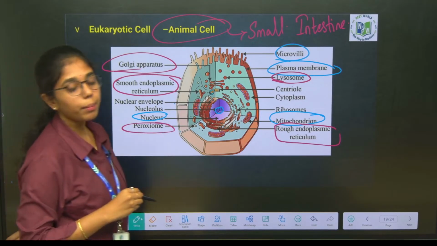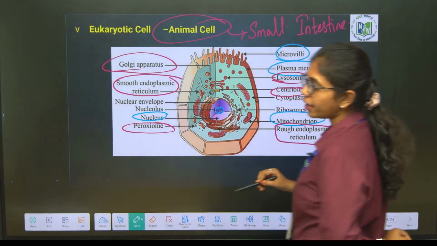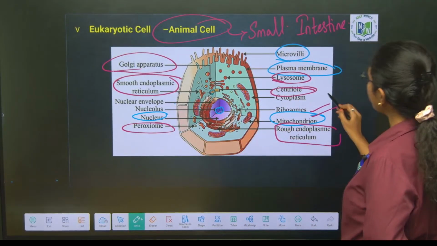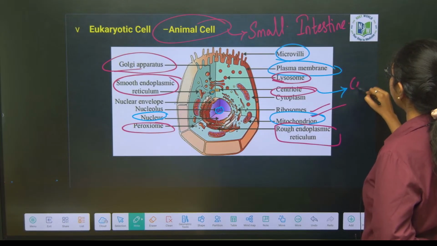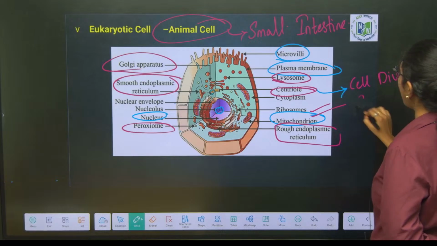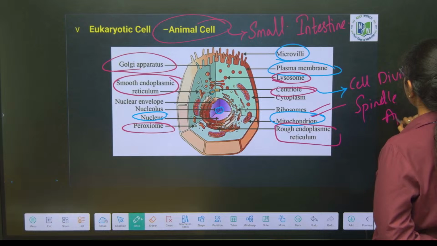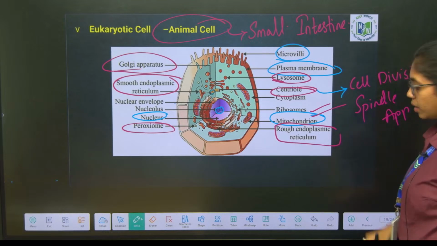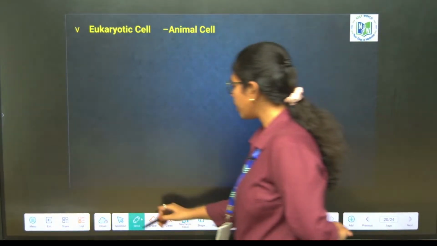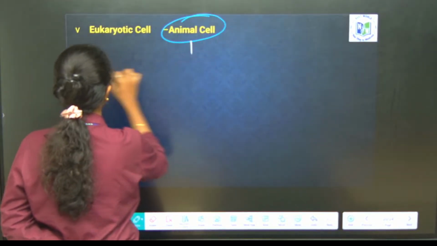Among non-membrane bound organelles, along with ribosomes, we also have centrioles. Centrioles aid in the process of cell division through the formation of the spindle apparatus. Clear, right?